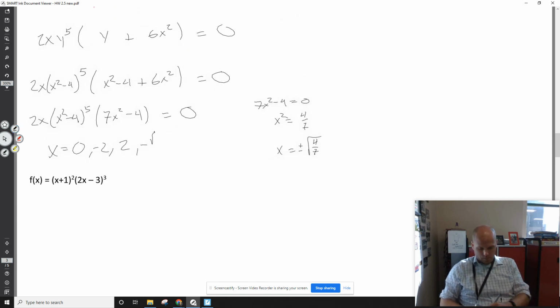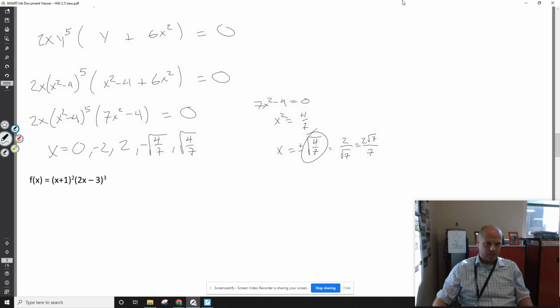So that's negative root 4/7, positive root 4/7. If you wanted to simplify this, you can write this as 2 over root 7, because the square root of 4 I can do. If you want to rationalize it, you get 2 root 7 over 7. But I don't know. This is fine. We don't care about rationalized answers.